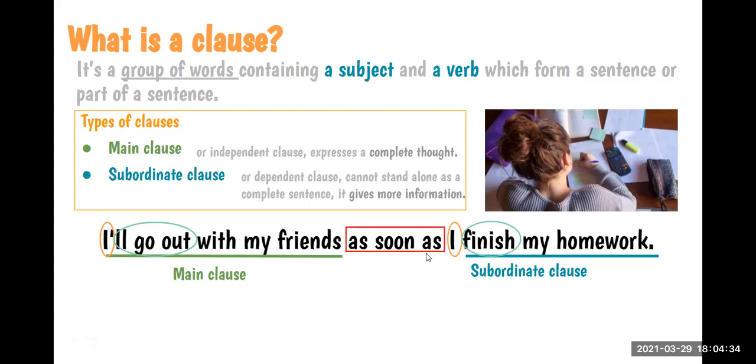Then we have this expression that helps us to join these two clauses. These are some of the expressions that we are going to use during this lesson, okay? We can use as soon as, once, after, before, unless, or until, to join these two clauses in a sentence, okay?